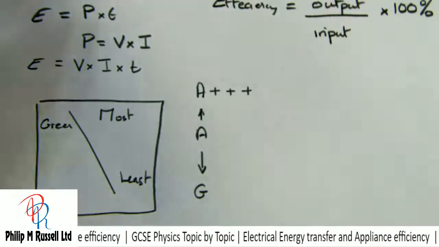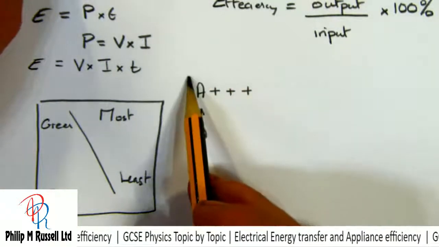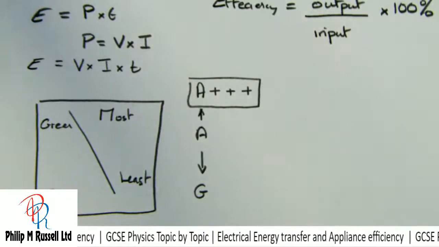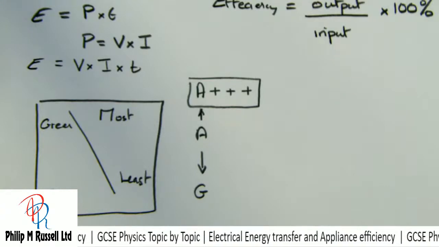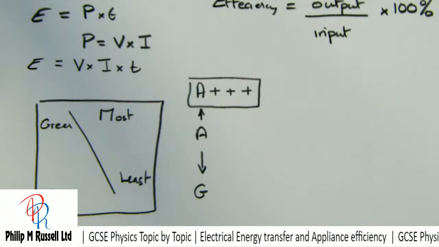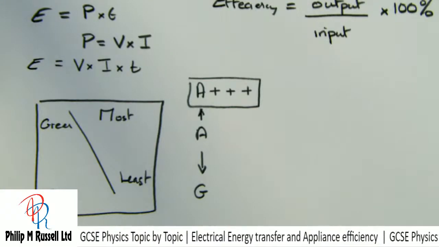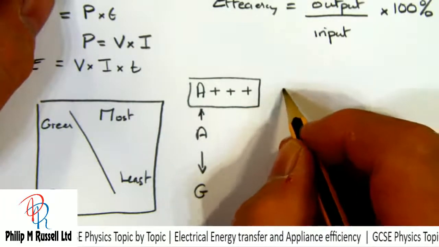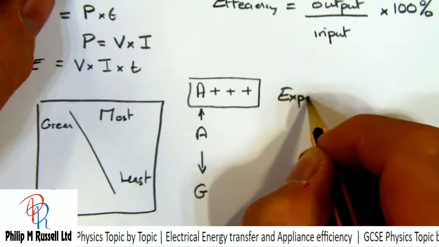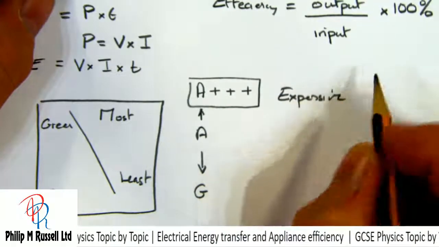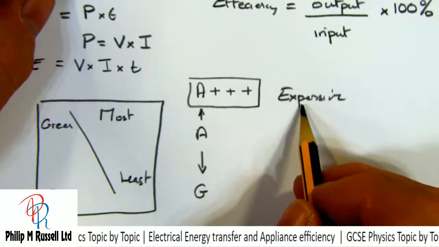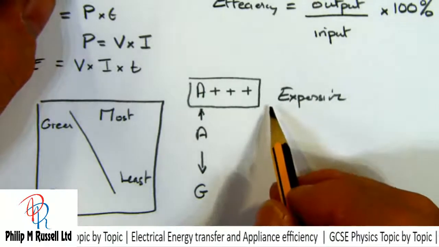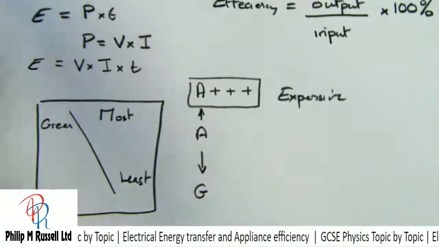And we have to try and work out how useful it is to buy a device like this. So why wouldn't you always buy the most efficient device? Well, this one could be more expensive. If this is much more expensive, then the savings you might make aren't necessarily worth it.